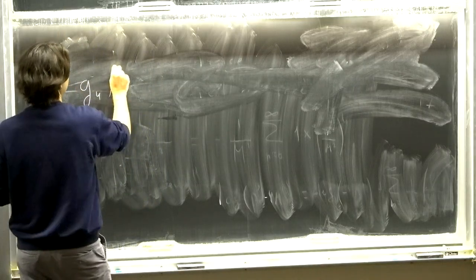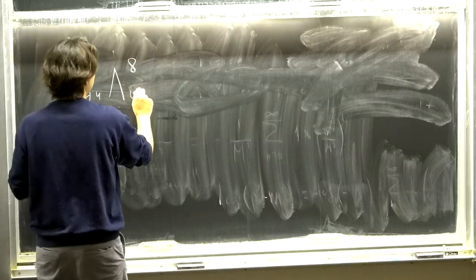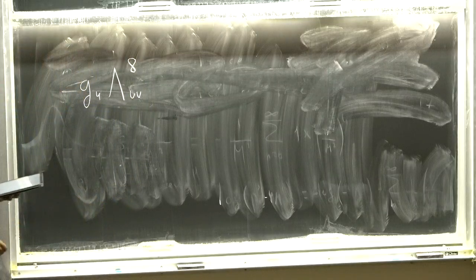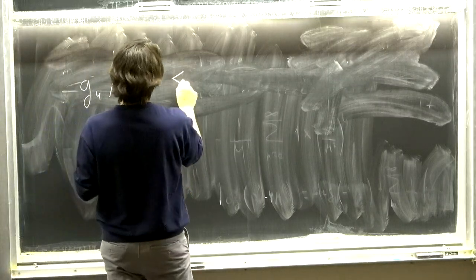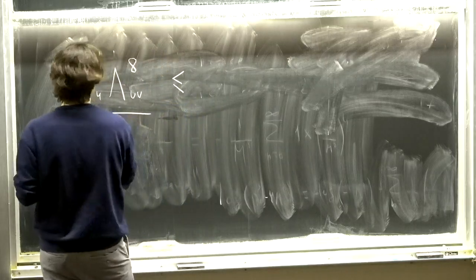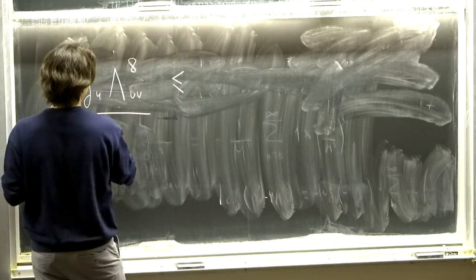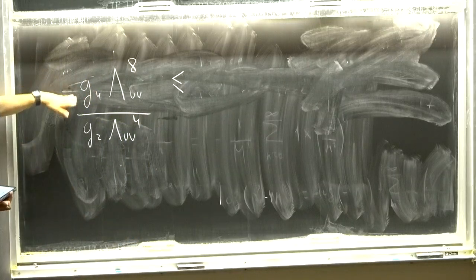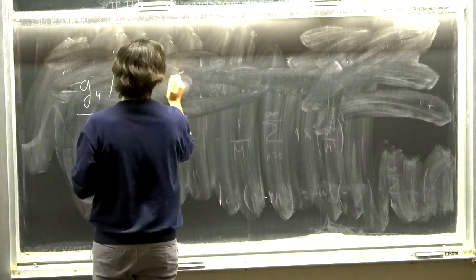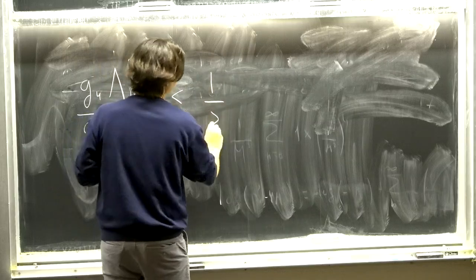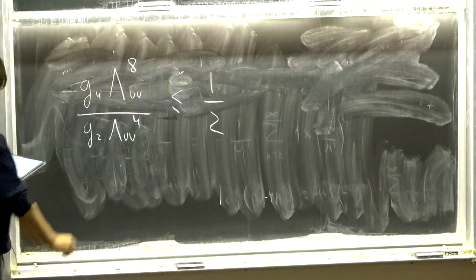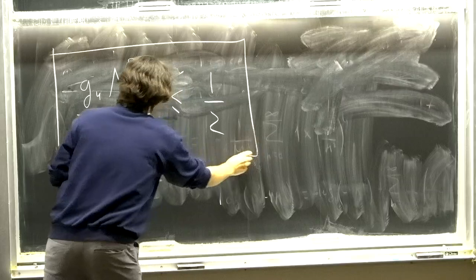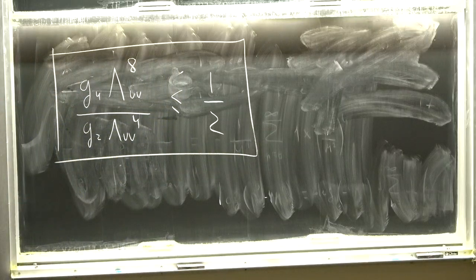So G4 lambda UV to the 8, that's the dimensionless Wilson coefficient, divided by G2 lambda UV to the fourth. So again, this is the leading irrelevant coupling. This has to be less than 1/2. And this is a sharp bound. So this ratio of Wilson coefficients can at most take that value.